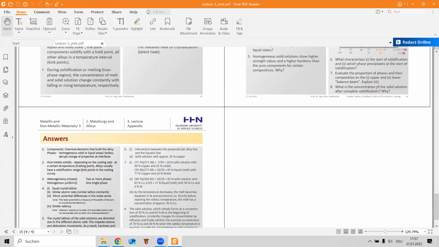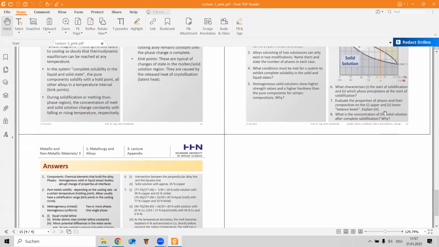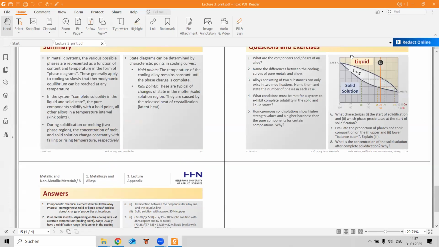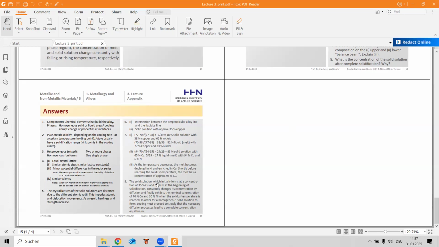Last question: what is the concentration of the solid solution after complete solidification, and why? The solid solution, which initially forms with a concentration of 35% copper and 65% nickel at the beginning of solidification, constantly changes its concentration by diffusion and finally exhibits the nominal concentration of 70% copper and 30% nickel when the solidus temperature is reached.